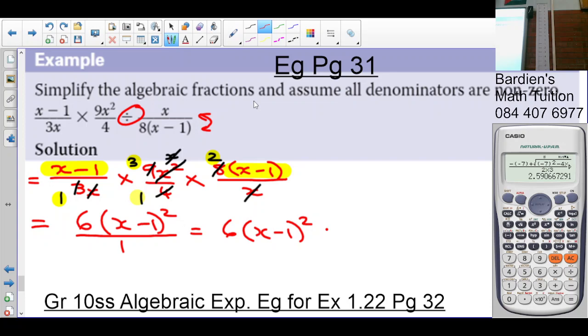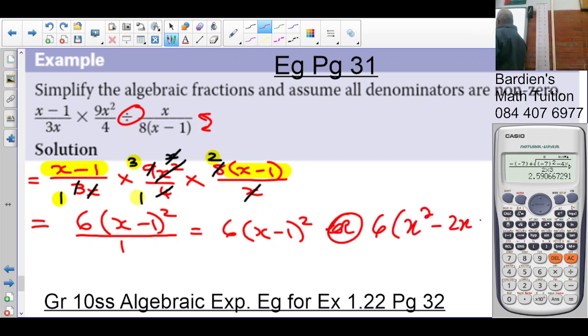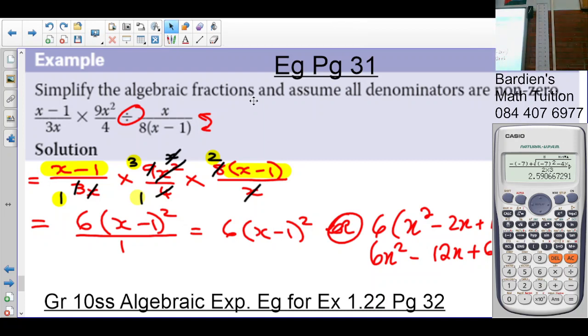So if you're going to go and multiply it out, no problem, but you're not going to get extra marks. Okay? So we tend to leave it like that. So they give us 6 into x squared minus 2x plus 1, which is 6x squared minus 12x plus 6. Either one would have been acceptable. But what are we testing here? We're testing on what is actually going on here. You understand? Let's see how the textbook answers.